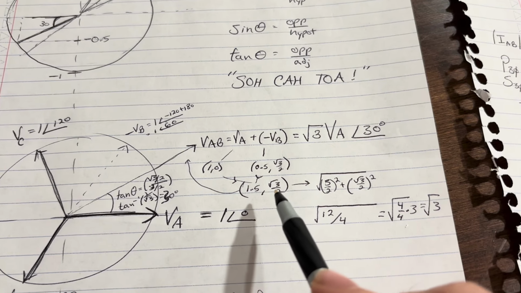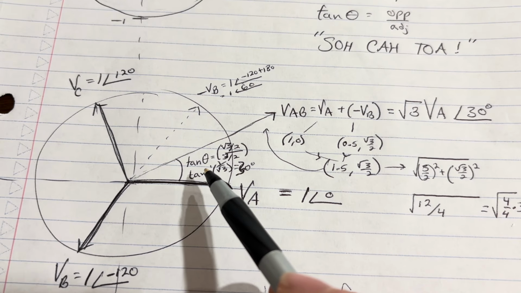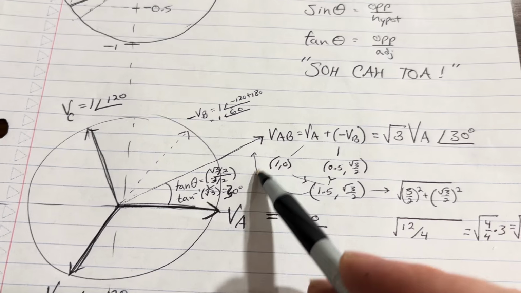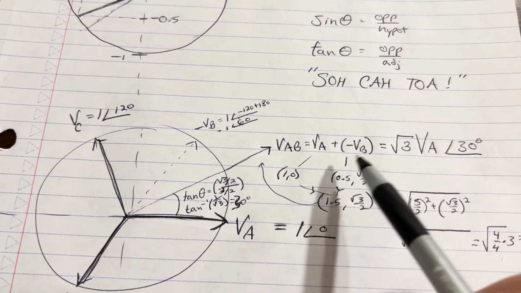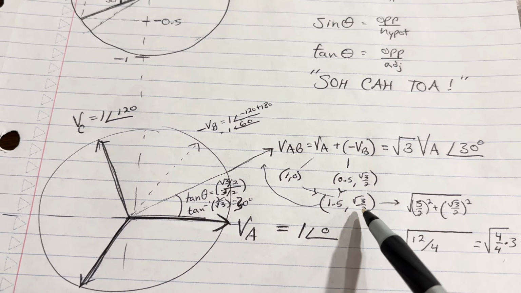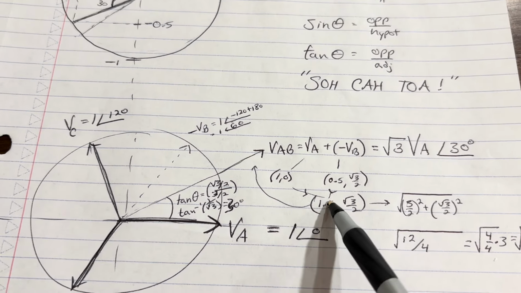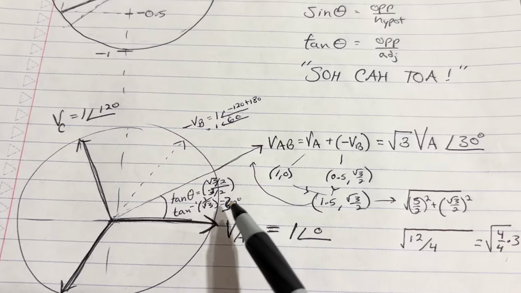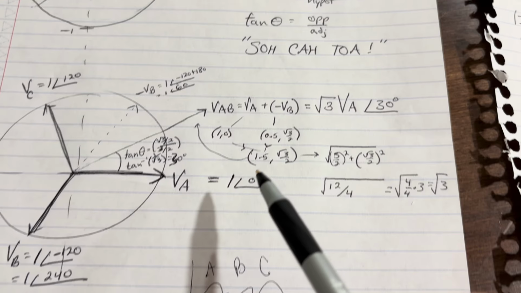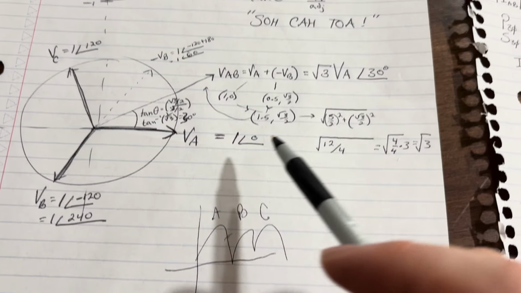What's the angle? Well, you can find that out with your trigonometry. Tangent of theta is the opposite, which is √3/2 over the adjacent, which is 1.5. 30 degrees. You could do it with a calculator, but this is pretty quick.